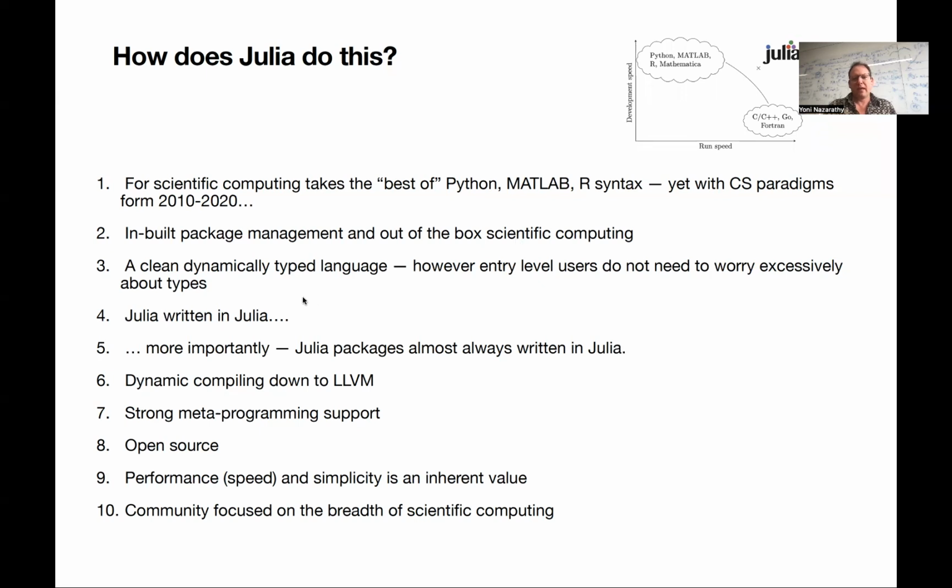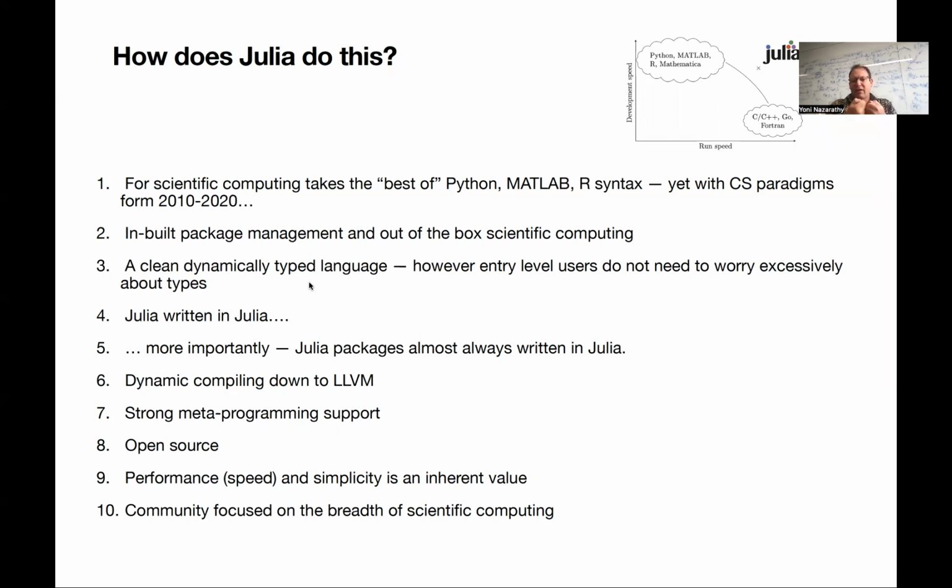Okay. You get a clean dynamically typed language. The dynamically typed part is important. Julia has types, and types take a more central role than they do in a language like Python or really R, and certainly MATLAB.